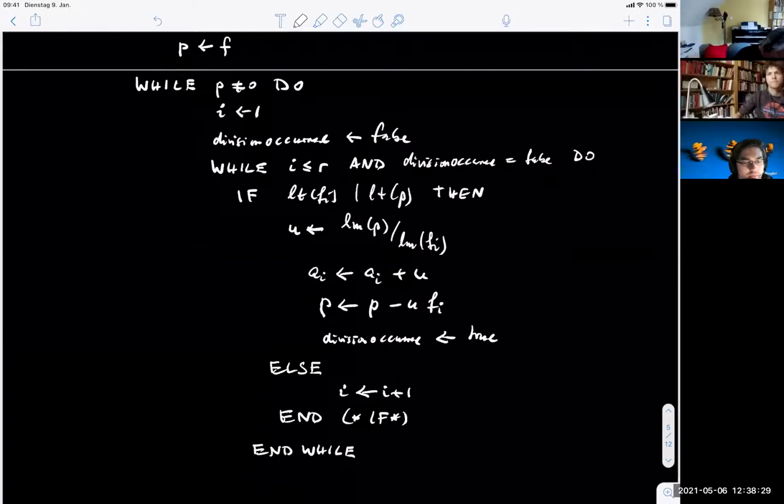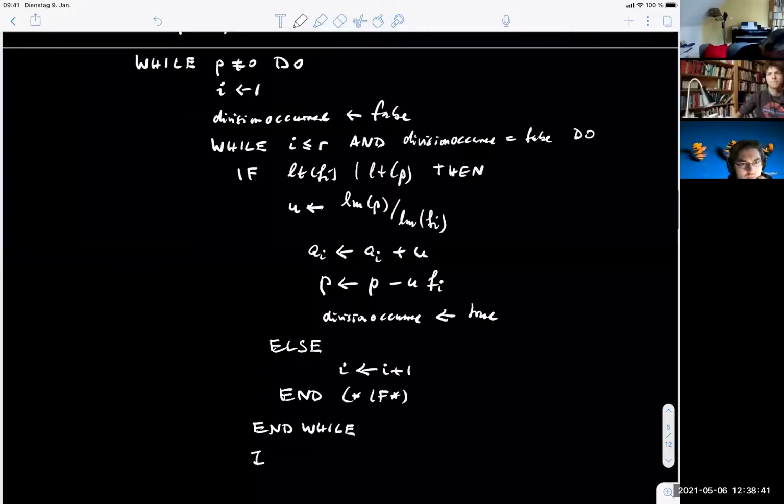So when I'm here, I went through this loop. Then I check whether division occurred is false. If division occurred equals false, then in a way I couldn't find any.